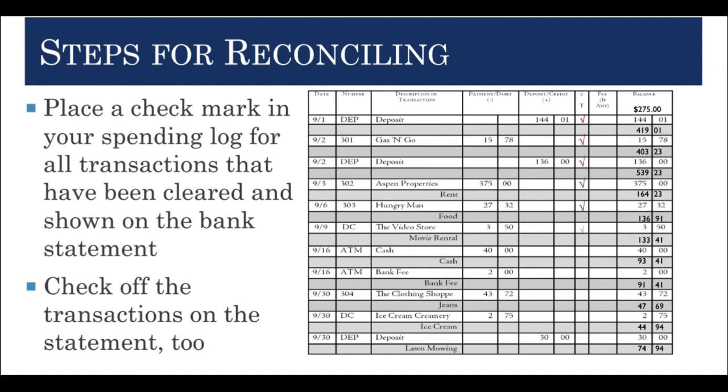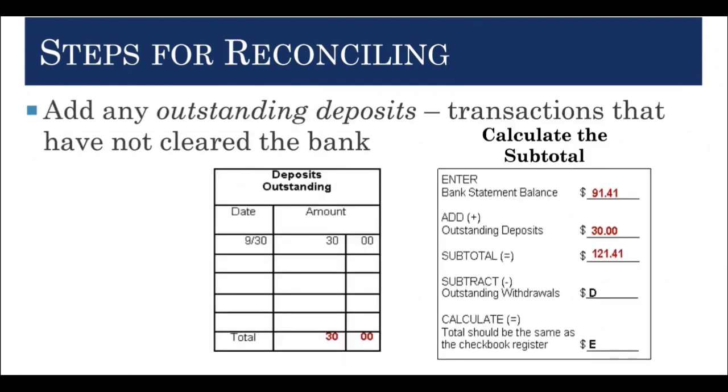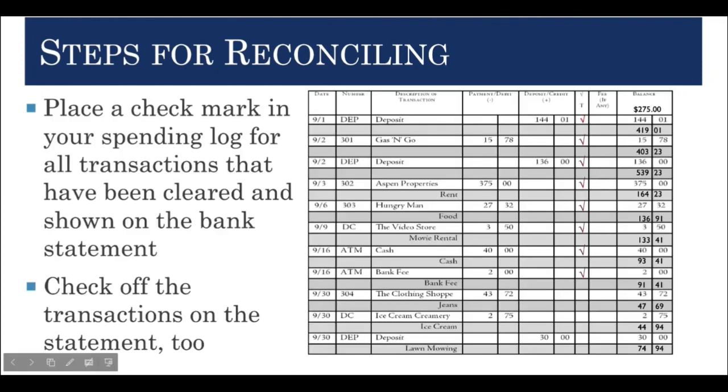So I go through, check off all these transactions that also appeared on my bank statement. All right. Then I'm going to take my balance that the bank says I have. So whether it's the online amount or on the bank statement, in this case, it's 91.49. And any transactions on here that don't have a check mark are going to be considered outstanding.